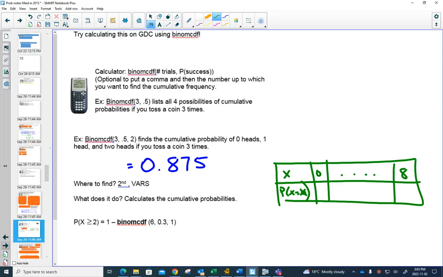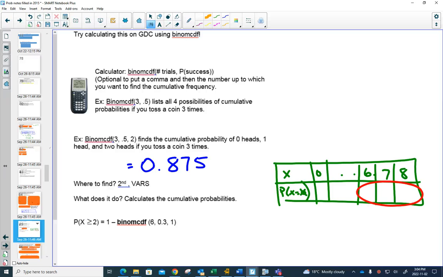And you want to find out, what are the chances I get more than 5 heads? So I would want to find those 3 added up. If the question said, what is the probability that you get more than 5 heads? Well, that would be getting 6 heads, 7 heads, or 8 heads.